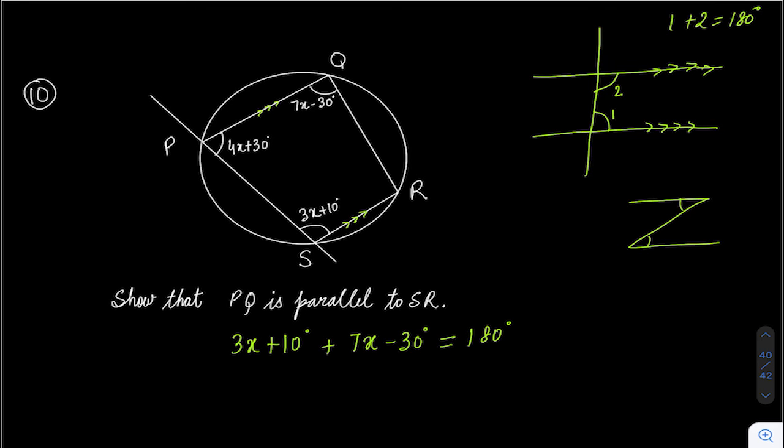Let's simplify: this is 10x minus 20. Let's take one more step so that there is no confusion. 10x minus 20 equals 180, so 10x is equal to 200. So x is nothing but 20 degrees.